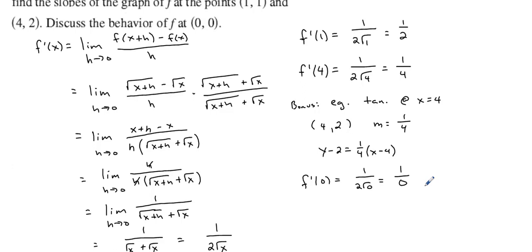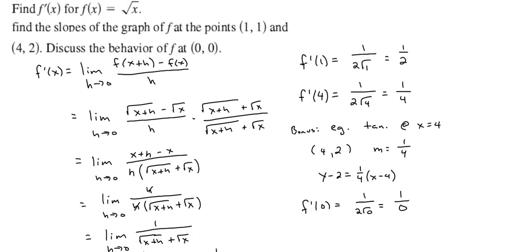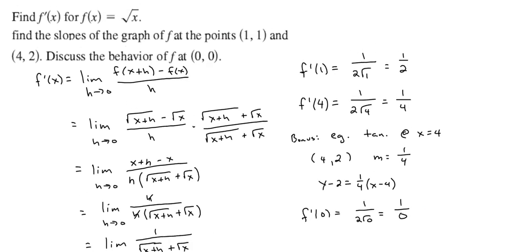What kind of tangent line is that? It's a vertical one, right? It's a vertical tangent line, x equals 0. But first, is the point (0, 0) on the graph of f? Yeah, you plug in 0, you get 0, right? So it is a point on the graph, so you better check that. Better make sure that point is actually on the graph of f.